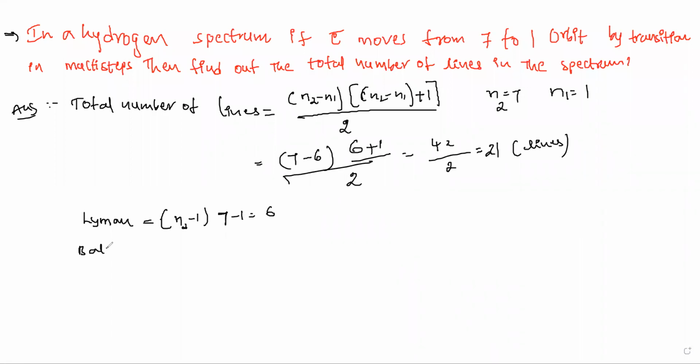And Balmer series, n2 minus 2, so 7 minus 2, here 5 spectral lines. And then the Paschen series, same, n2 minus 3, 7 minus 3, so we'll get 4.